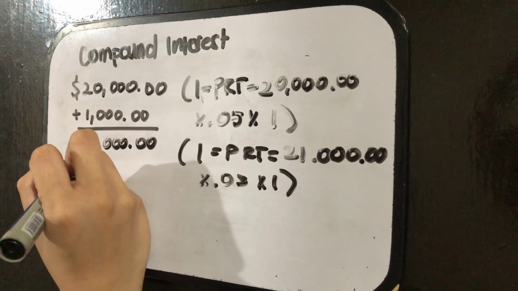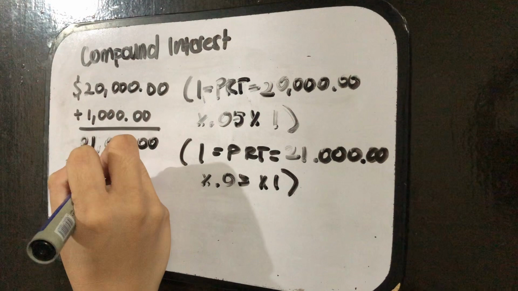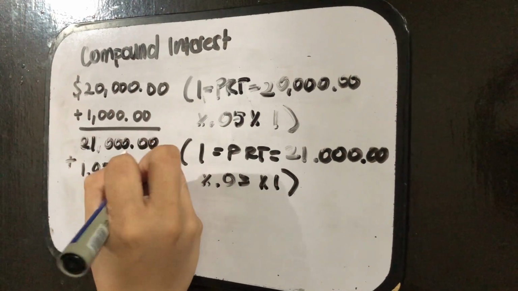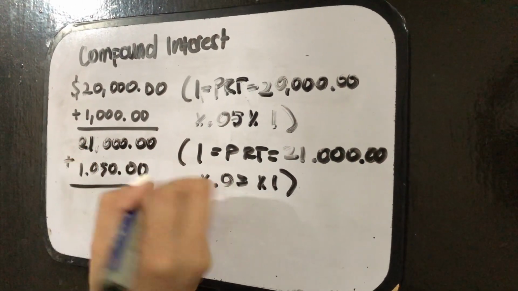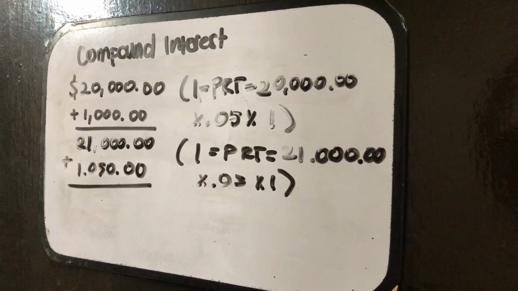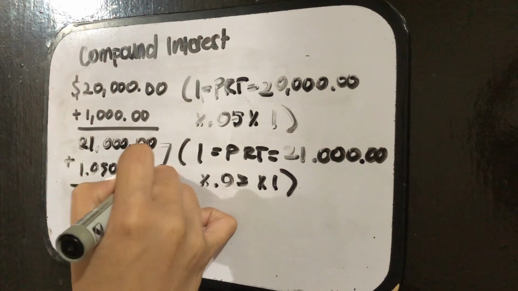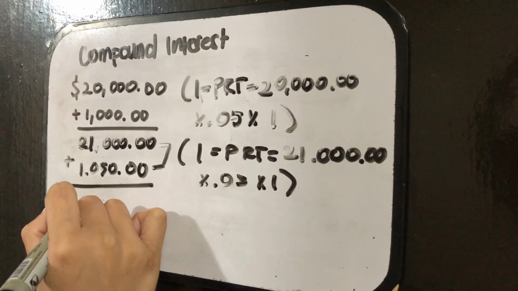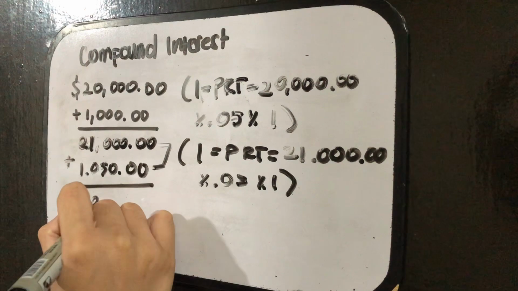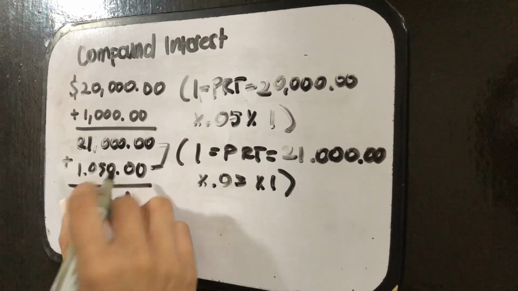Then, yung 21,000, same process lang din dun sa I equals PRT. Then, after nun, ang kalalabasan nun ay 1,050. Then, ganun ulit, ipagpa-plus mo na yung 21,000 and 1,050.